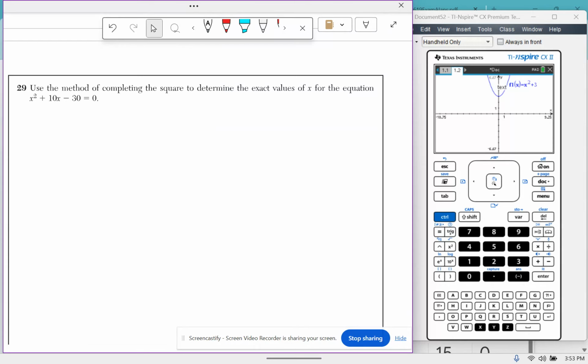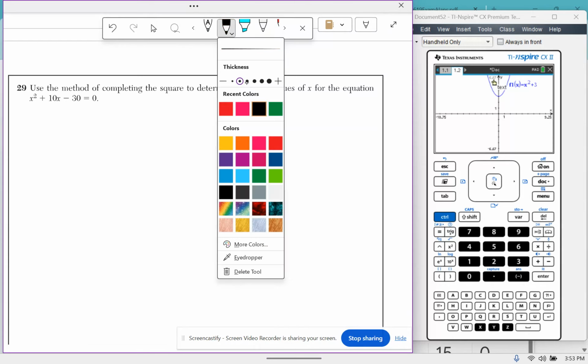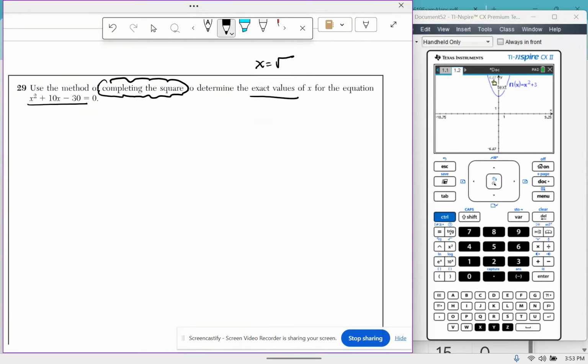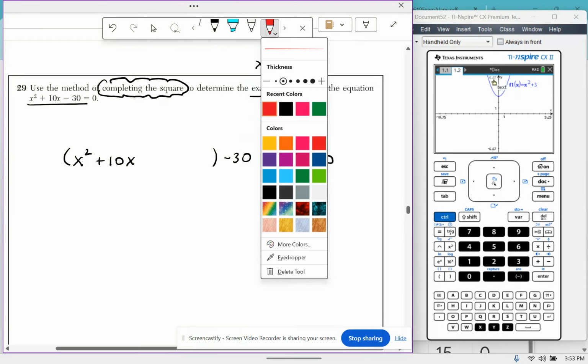Okay, so on question 29, it says use the method of completing the square to determine the exact values. That means my answers are going to look like x equals and then some radicals for the equation right here. So if we have to complete the square, the first step is to rewrite with space. In those spaces, I'm going to set up for my magic number.